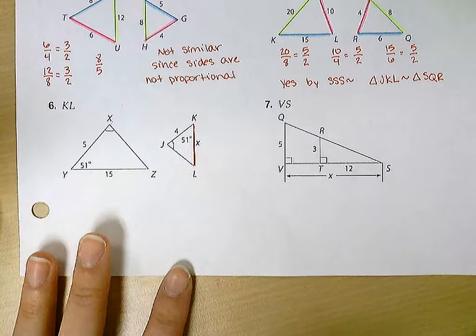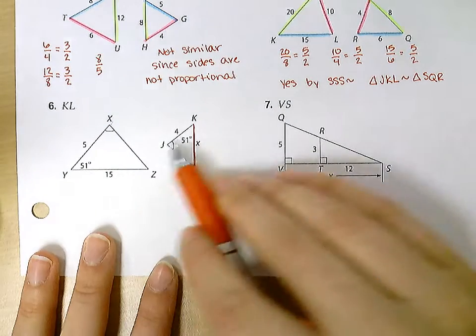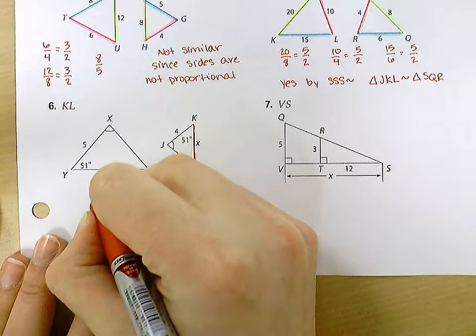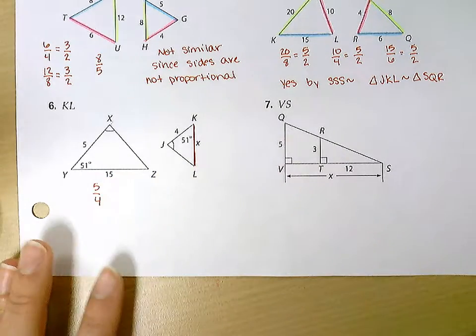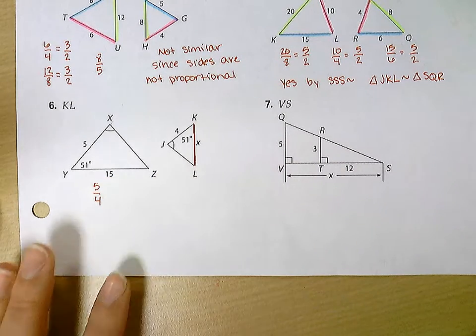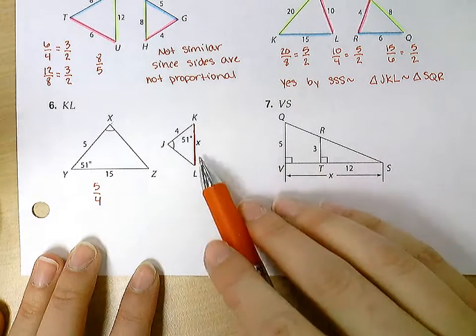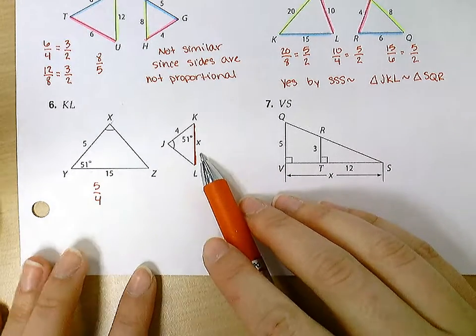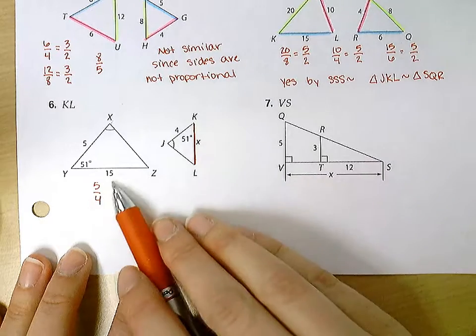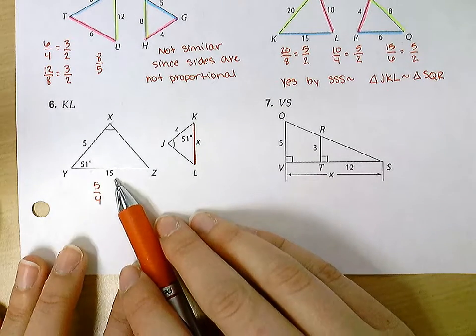Okay, so I can set up a ratio of those corresponding sides there. So 5 to 4. Okay, so those are my corresponding sides. I'm trying to solve for x here. X's corresponding side is 15.